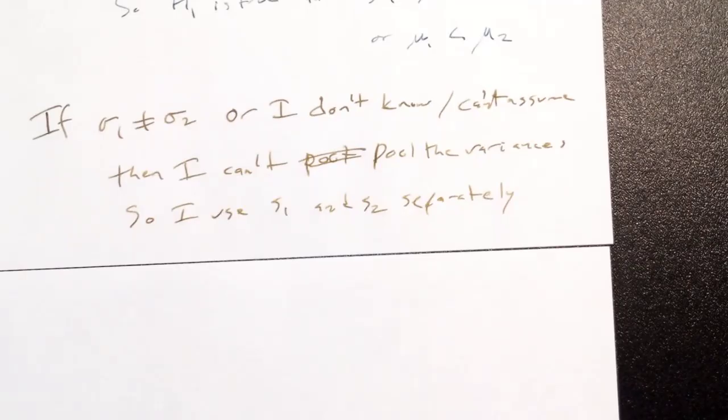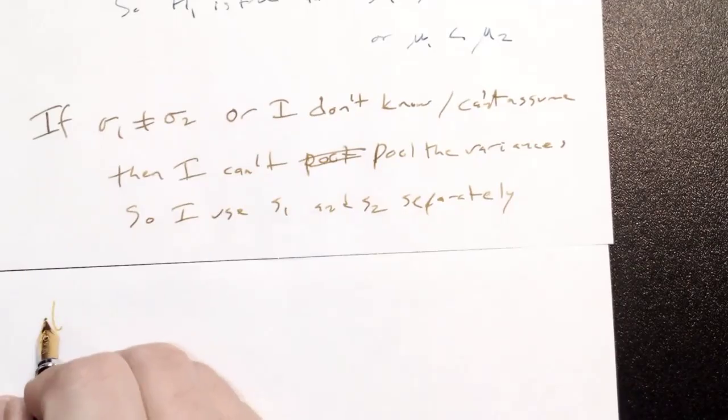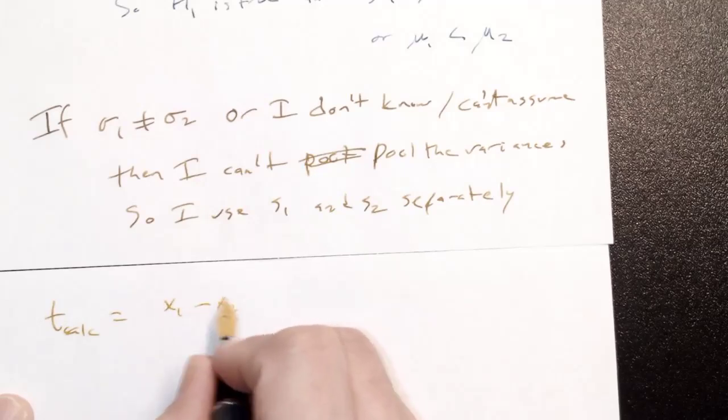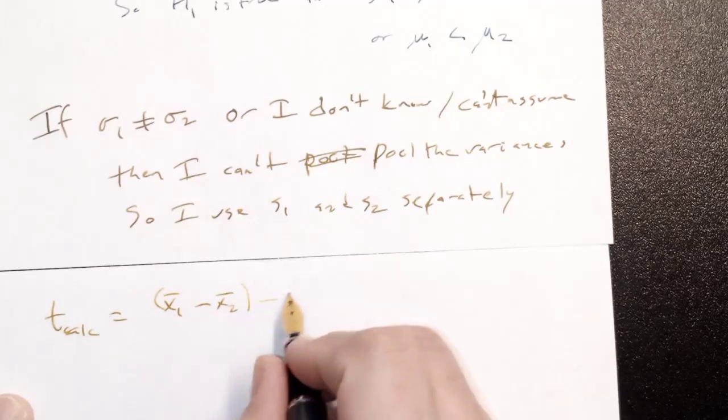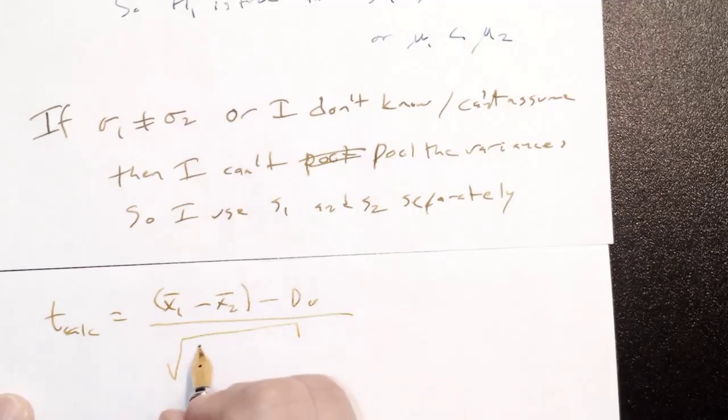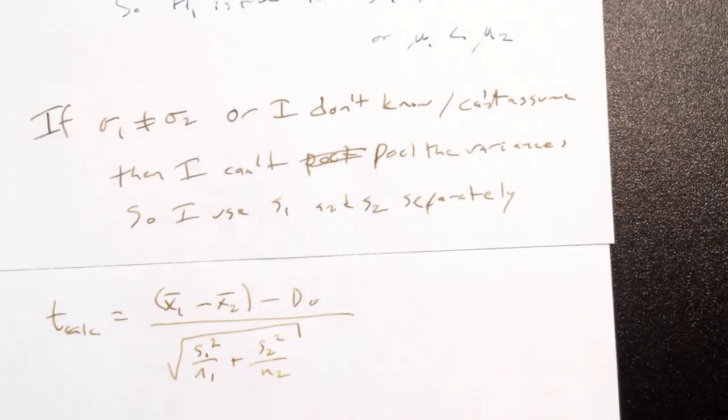Because of that, when I do my T calculation, I don't have a pooled variance. So I get S1 squared over N1, and I get S2 squared over N2. That's the same stuff.